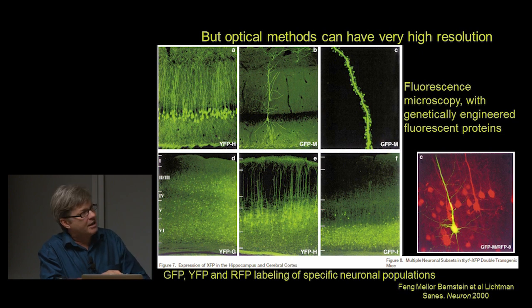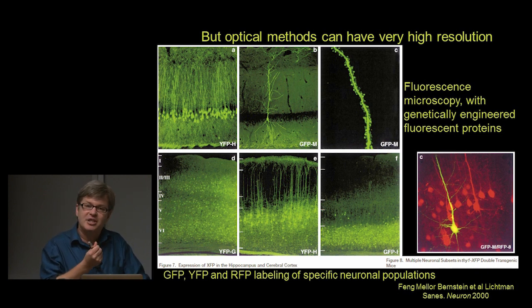This is a dendritic shaft with a bunch of little protuberances where synapses are formed called spines. And it really allowed people to look into the brain and see things that hadn't been seen in quite such beautiful resolution with the old stains.